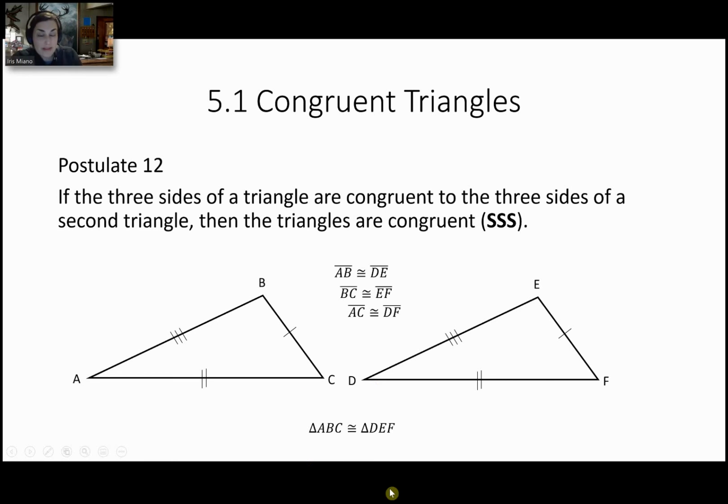Is it true that corresponding angles are congruent among these 2 triangles? Well, sure, it's true, but it doesn't need to be shown in order to use this 3-letter code to justify claiming that the 2 triangles are congruent. So I hope that is landing for everybody. And there's going to be other 3-letter codes that are presented in this section via either postulate or theorem. And that's my job to present these things to you.